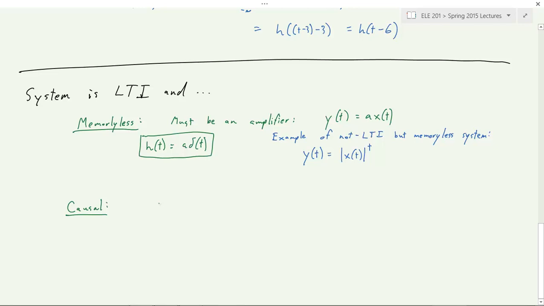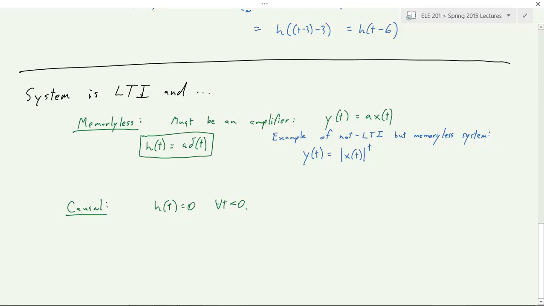If it's causal, then what about the impulse response? Perfect. So h of t has to be 0 for all t less than 0. In other words, up to time 0 in the impulse response, there's nothing. At or after time 0, you can have things in the impulse response.